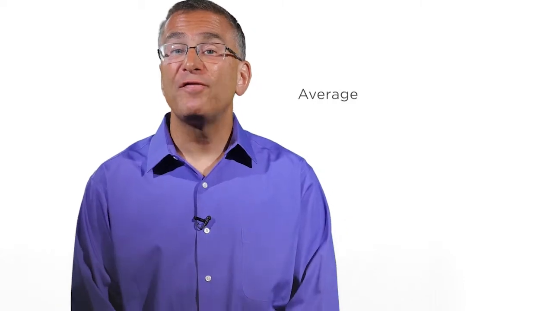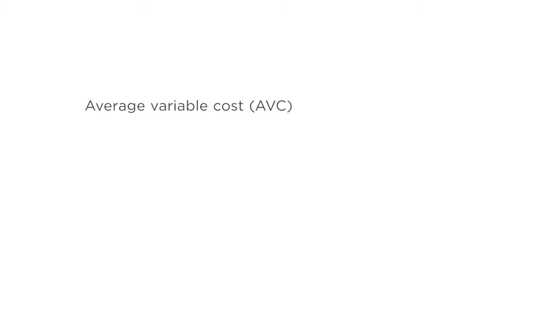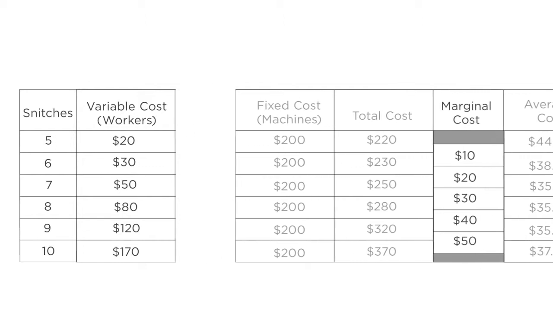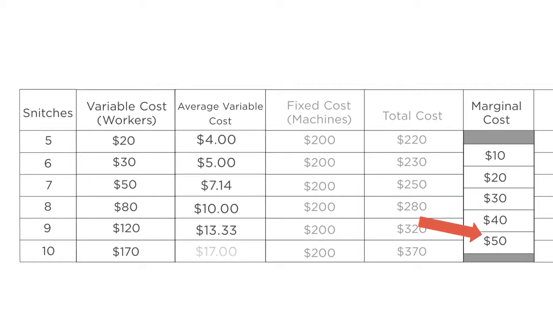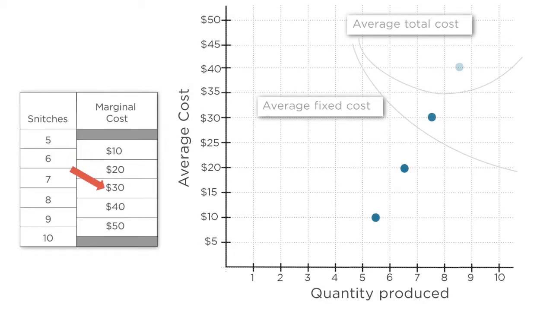Second, as production increases, the average variable cost is rising. Average variable cost is the variable cost divided by the quantity of output. Variable cost is the sum of all the marginal costs. And since we saw earlier that marginal costs rise as production increases, so too will average variable costs rise. As you can see here, marginal costs are rising, and the marginal cost curve is upward sloping.